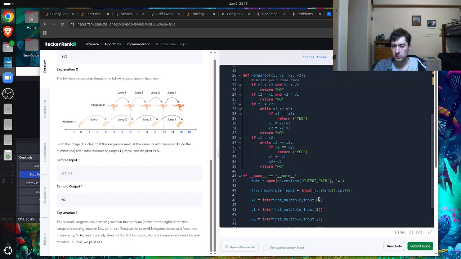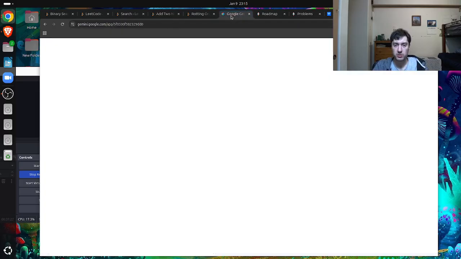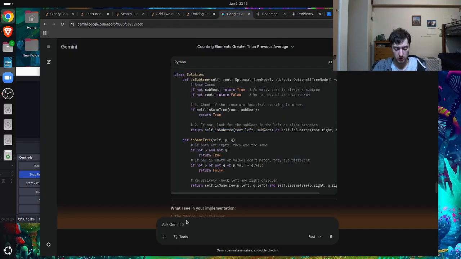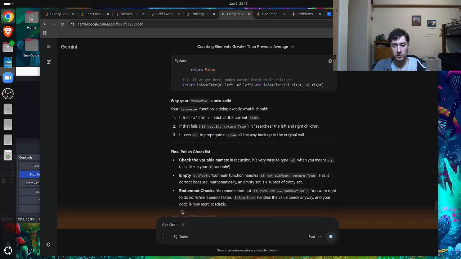Why would this... Is there an optimization I can do? I don't know. And I don't think it's very helpful for me just to spin my wheel. So let's go right to Gemini and see if we are missing something.